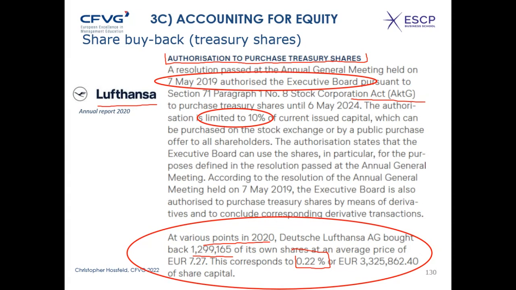And since we bought back only 1.3 million shares, we can imagine that those shares are in particular for stock options. Well, we would have to check. But basically, since we have this small amount of shares, usually it's related to stock options.